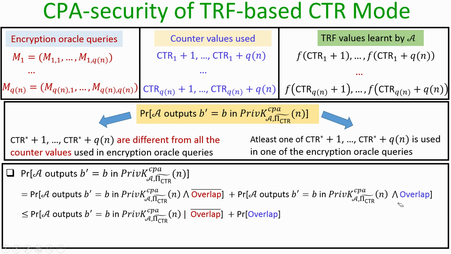So, I am simply applying simple rules of probability here. The first probability term is retained as it is, and now we know the value of both the terms. The result is 1 by 2 plus 2 q n square by 2 power l.